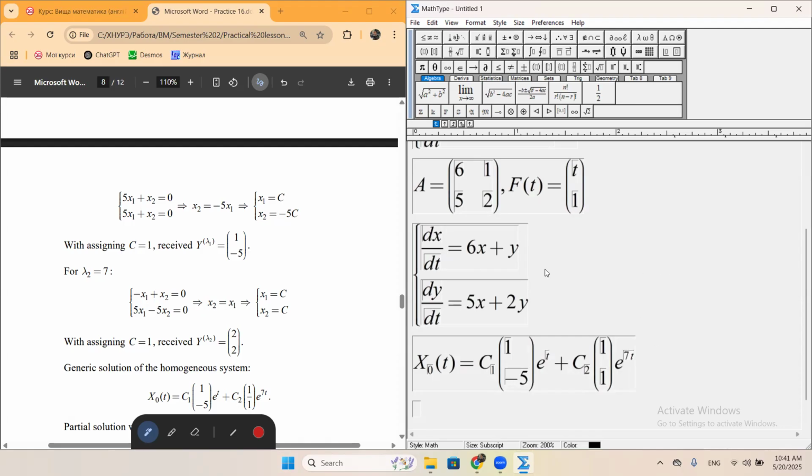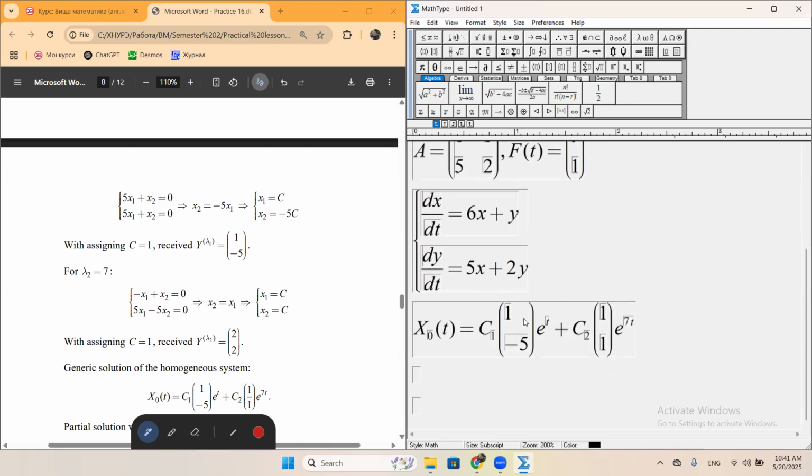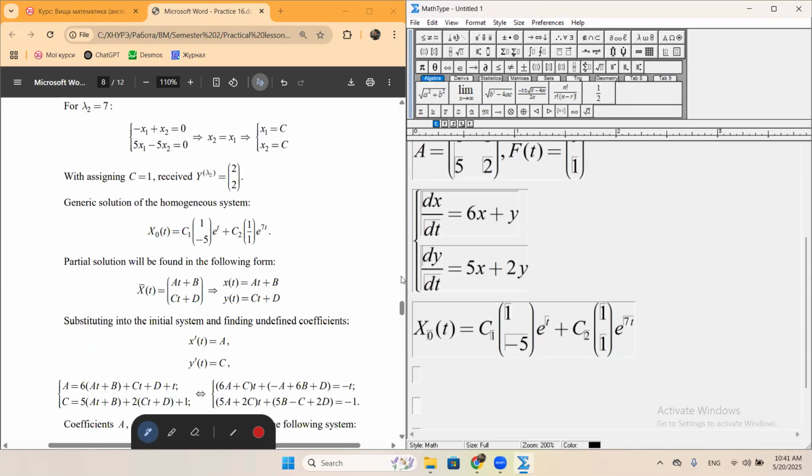So actually it matches the solution from the first method. So found. Then how will we find the partial solution?